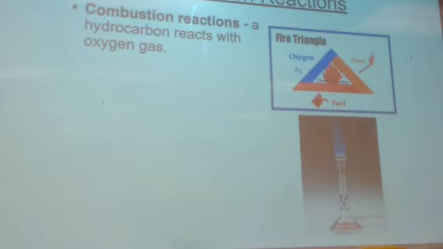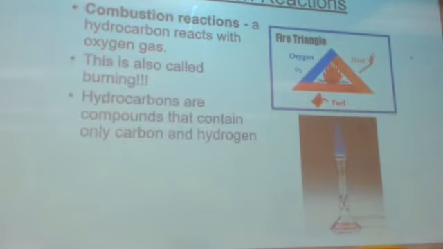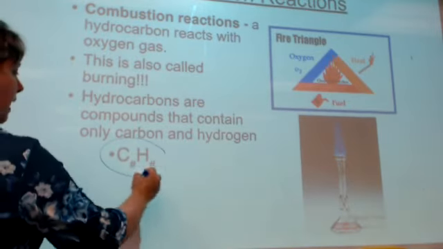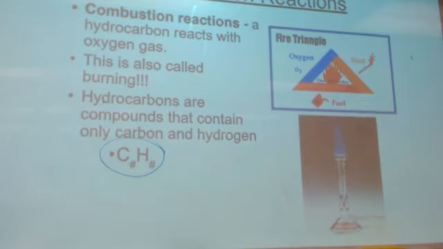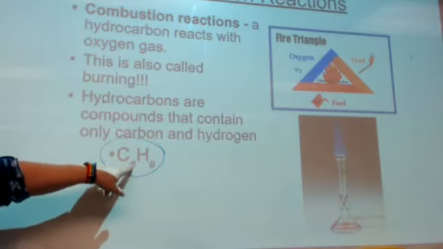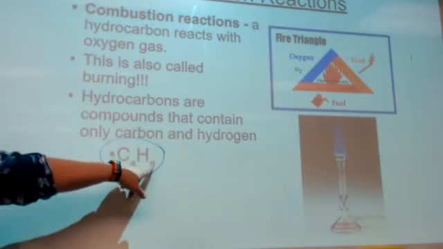So your reactants are going to be a hydrocarbon. A hydrocarbon has carbon and hydrogen in it, and sometimes oxygen. Sugars are hydrocarbons. The numbers here, the subscripts, will vary.